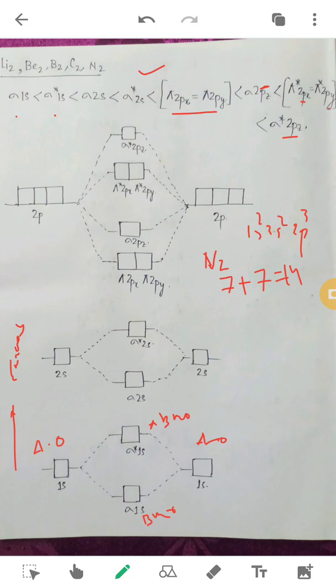Aufbau principle, we know, means we fill the molecular orbitals in increasing order of their energy. It's arranged already, so that is fine. Now Pauli's exclusion principle says that the maximum number of electrons which can be accommodated in a molecular orbital is 2, as we have seen in the case of atomic orbitals. Each box will have 2 electrons.